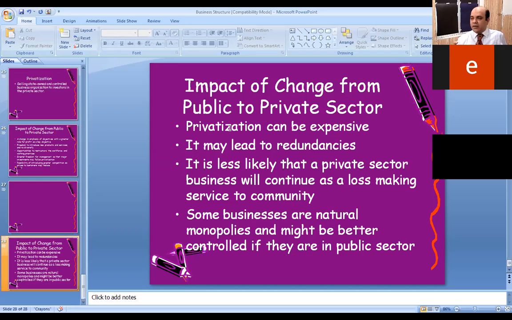Cases provide the would-be managers, which means you people who are going to become future managers, with a valuable way to practice. What to practice? The actual problems which occur in actual companies in the world.